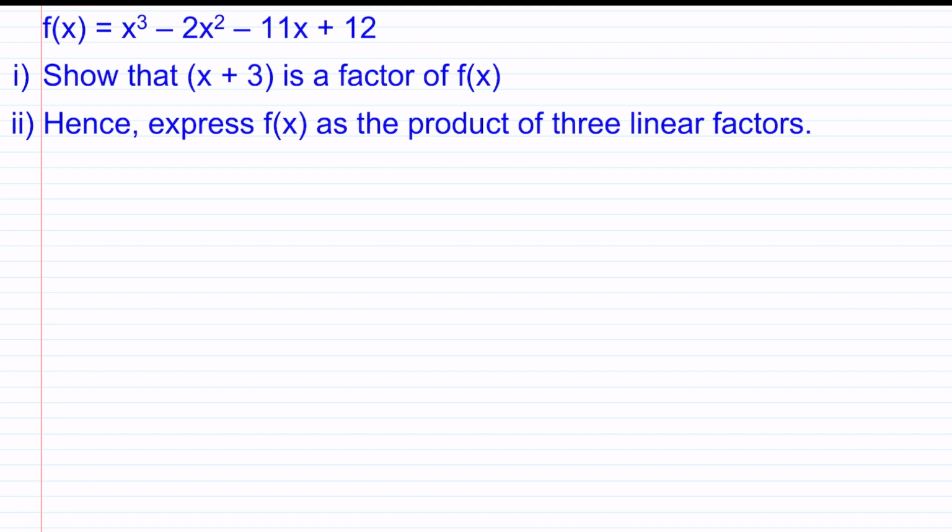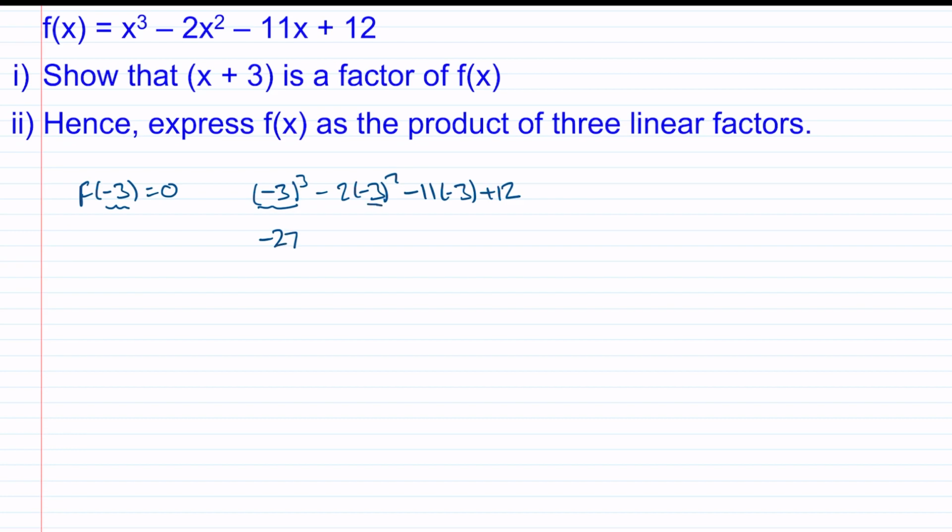Okay, for part 1, if x plus 3 is a factor, then f of negative 3 will equal 0. So we'll substitute the negative 3 in place of x in our function. So we have negative 3 cubed minus 2 lots of negative 3 squared minus 11 lots of negative 3 plus 12. This is negative 27.